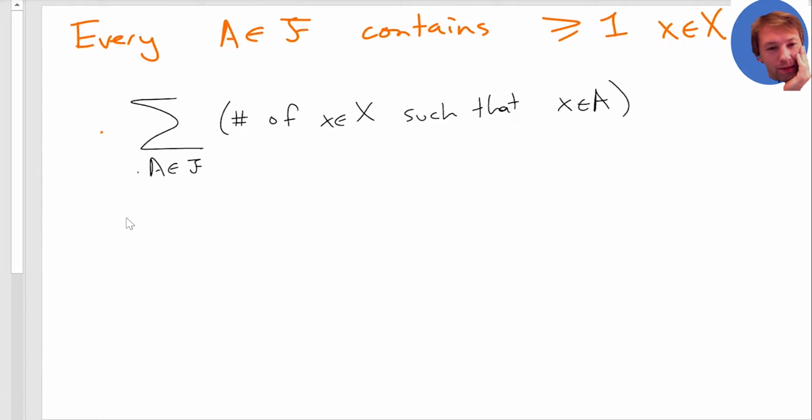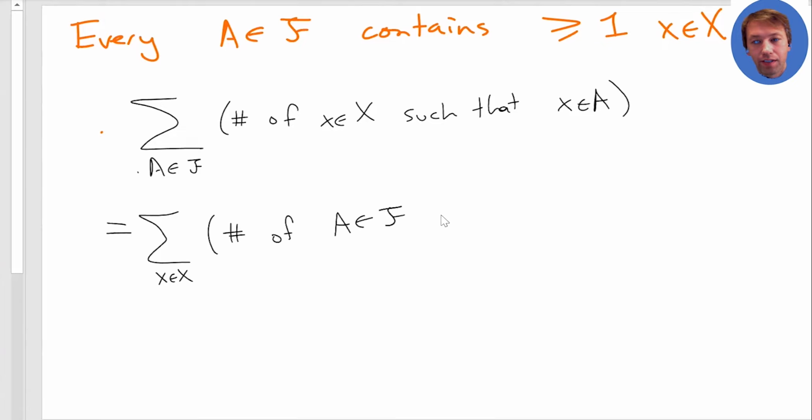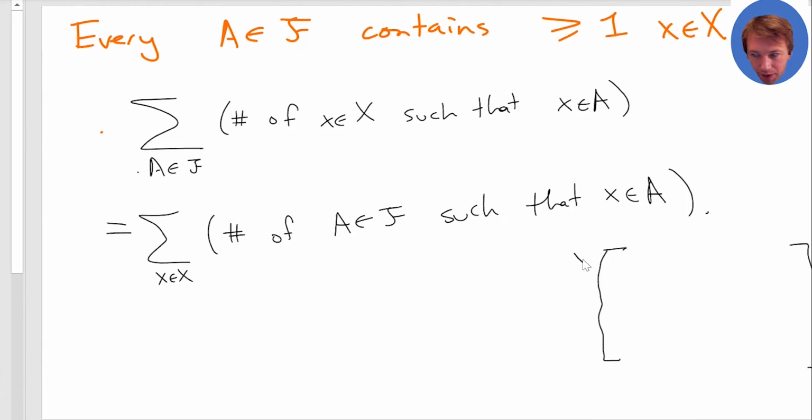Because this has come up in the LYM inequality, and also in Erdős–Ko–Rado, this idea of changing the order of summation: this is the same as summing over all x in X of the number of A in F such that x is in A. The way you can think of changing summation is to imagine a matrix. Here I write down the elements of X: x1, x2, I don't know how many things are in X, let's say xm.